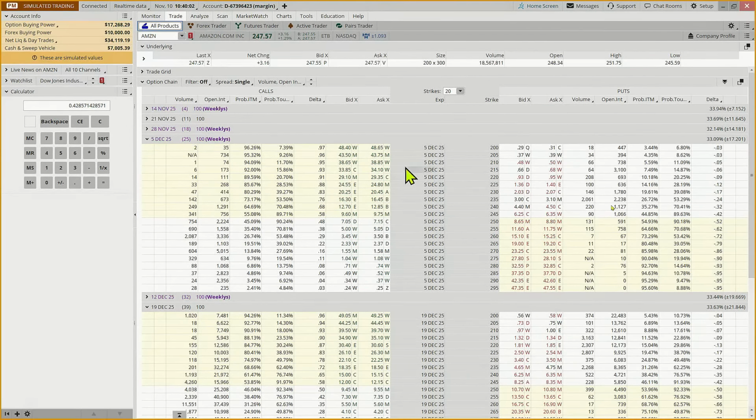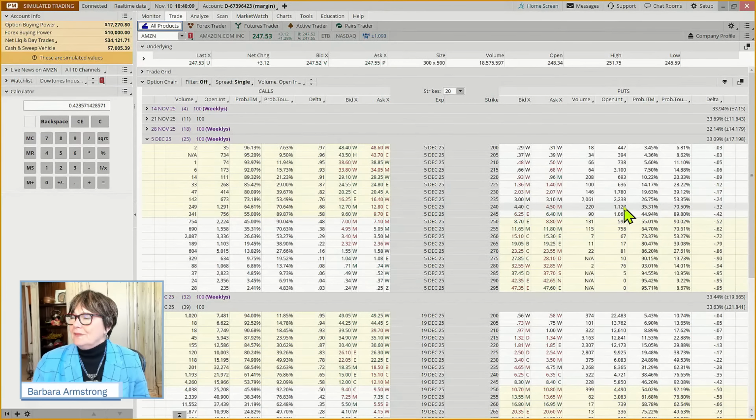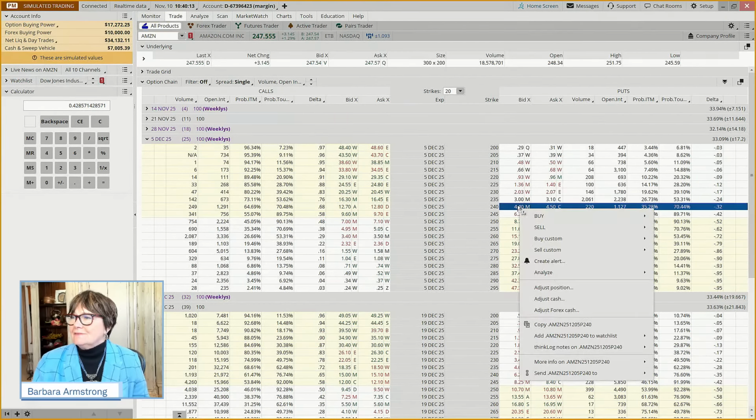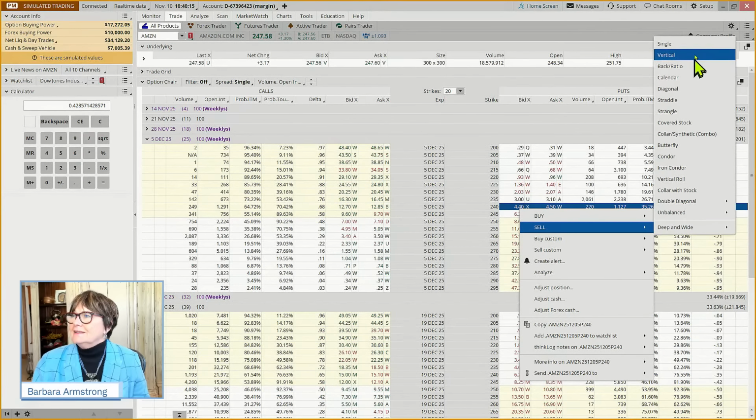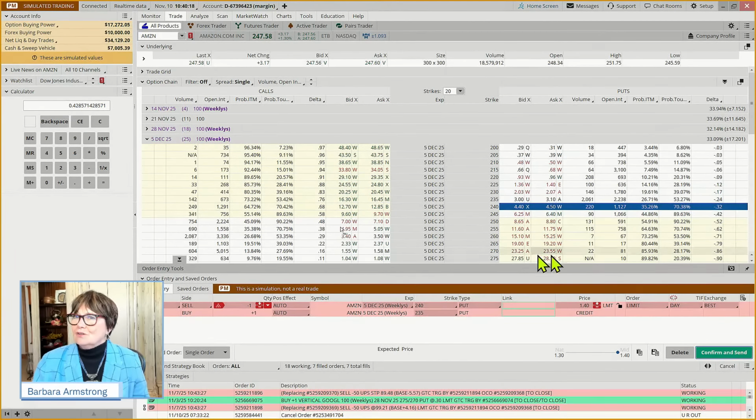If we come out again to that December 5th, does it trade more than 1 million shares a day? Yep. How about number of contracts? Good. Bid-ask spread, 10 cents. We're cooking with gas. Sell our vertical, $1.40.